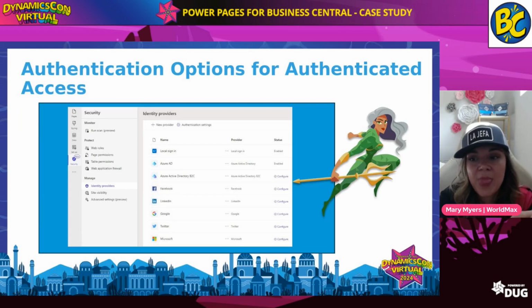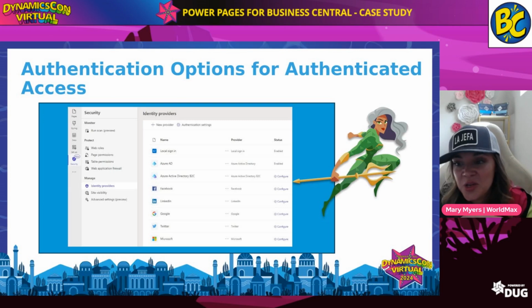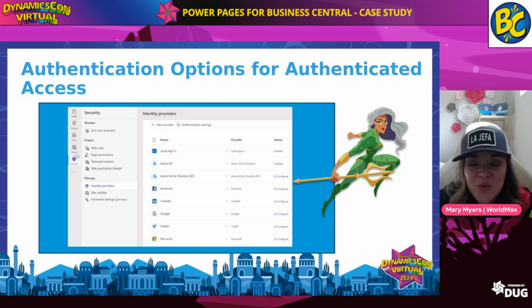So like I said, even after you've accepted that they've sent that redemption code, you still have to decide how you are going to prove that these people are real people. And so you're going to have to identify identity providers. Power Pages is really great because it allows you to use some standard ones that we already have set up, or you can also use Azure Active Directory.